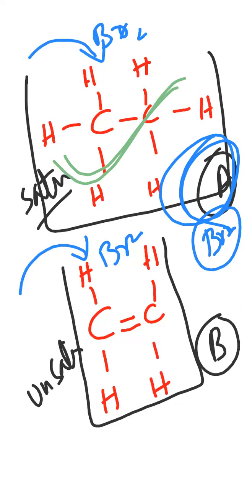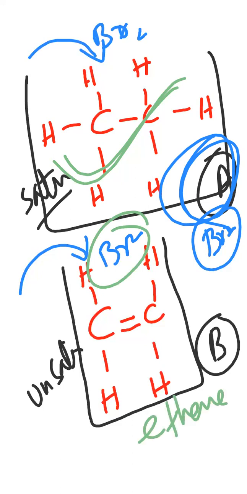But when you add bromine into the second test tube, which contains ethene, the unsaturated one, addition reaction is possible here. The bromine will break the double bond between the carbons, with one bromine here and one bromine here.